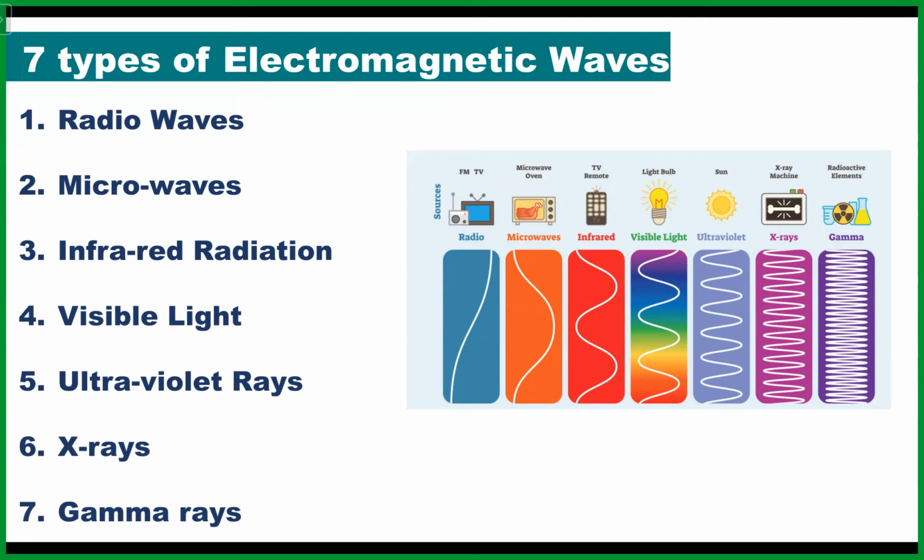So how would you remember this order? Here's just a little tip for you if you are struggling to memorize this order. Just remember this phrase: Rachel's mother is visiting Uncle Xavier's garden. If you keep this phrase in mind, remember that the first letter of each word represents one electromagnetic wave.